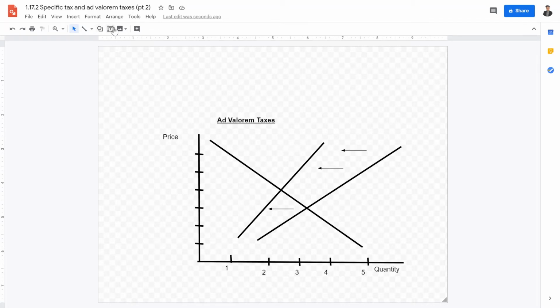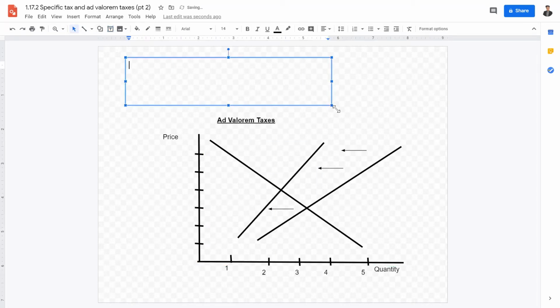However, an ad valorem tax is where a percentage tax is imposed. Therefore, the tax amount increases marginally as the price of a good increases.